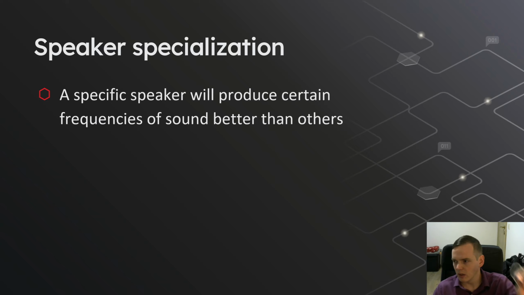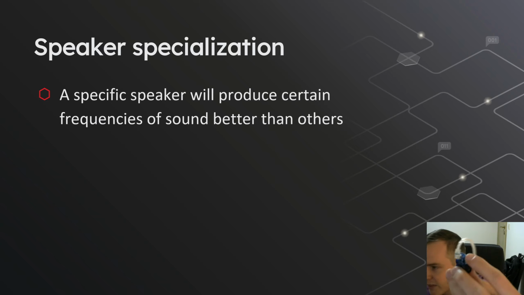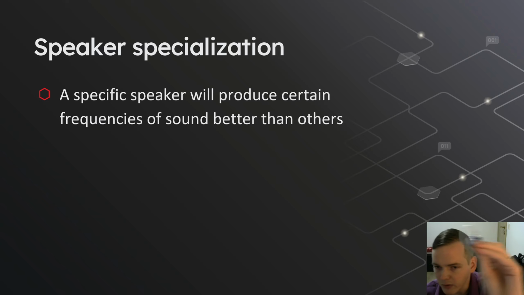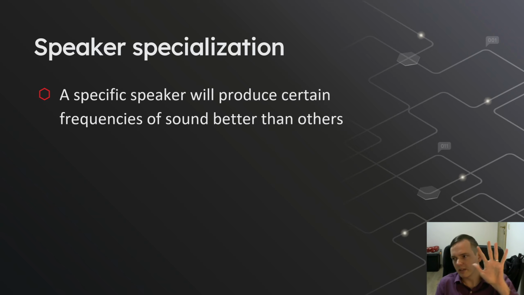For example, I don't know how clear this will be, but I've got a pair of headphones right here, or at least one earphone. In this one earphone, there are basically 5 speakers. There's one for high frequency sounds, one for low frequency sounds, and then you've got 3 for your mid frequencies.